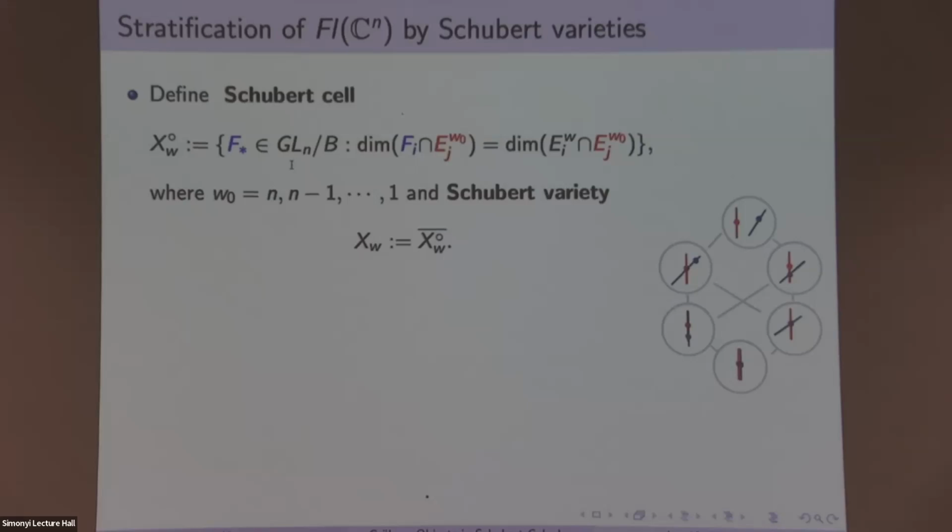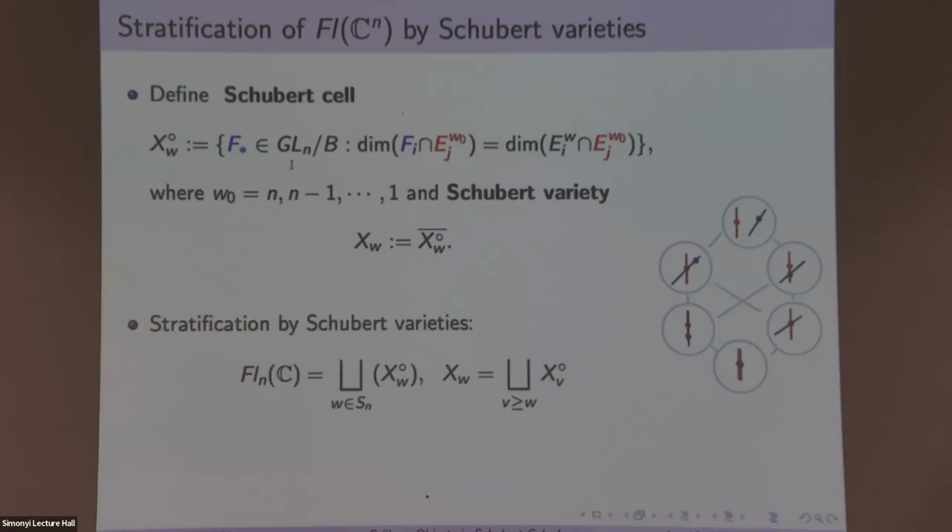If I want to define a Schubert cell with respect to this given permutation, I will take the set of all flags that have the prescribed relative position with the reference flag. So that's the definition of a Schubert cell. And if I take a closure, that's a Schubert variety. So this will give me a stratification of the flag variety by Schubert varieties.